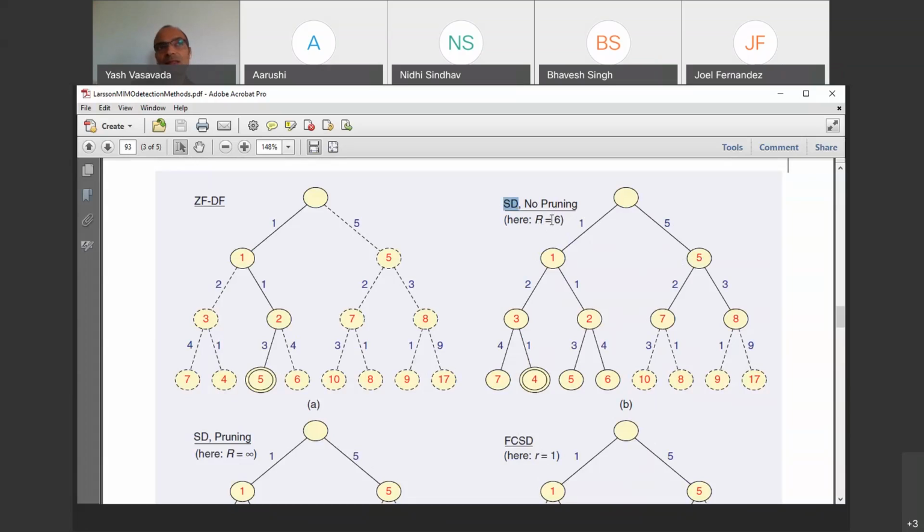Obviously, if you think of the received vector y as a point in this multidimensional space, and if I create a sphere around it with certain radius r, in this case it is equal to 6, and if there are, let's say, few points within that sphere, then obviously I need to do this distance evaluation only for those points and no more.